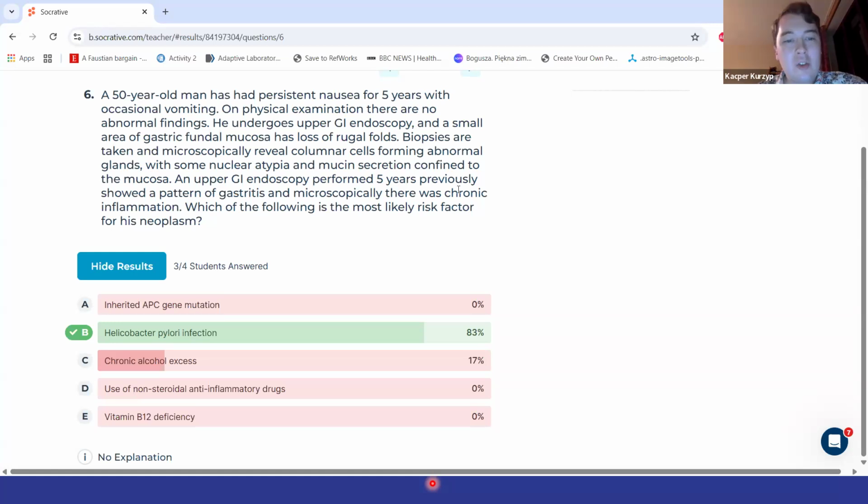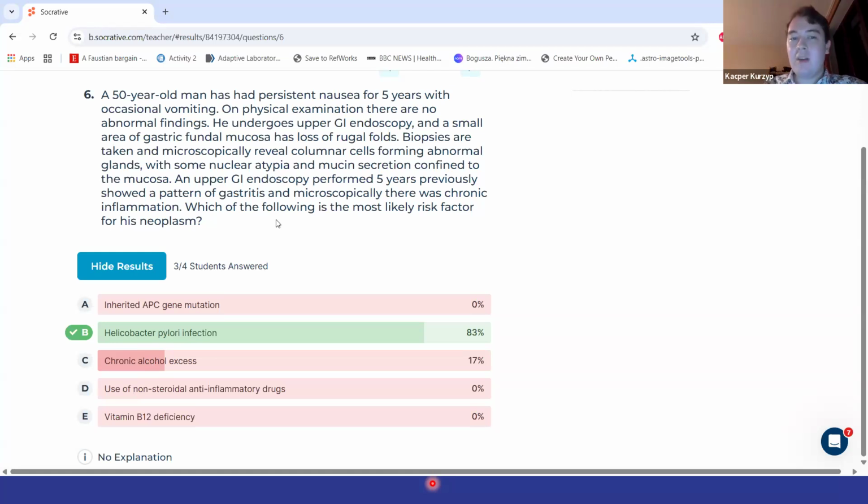And upper GI shows a pattern of gastritis with chronic inflammation. Now, H. pylori is what will give you that. Chronic alcohol excess is a risk factor for this presentation. However, there is no history of alcohol abuse in the question. And also, why would it be just for 5 years?